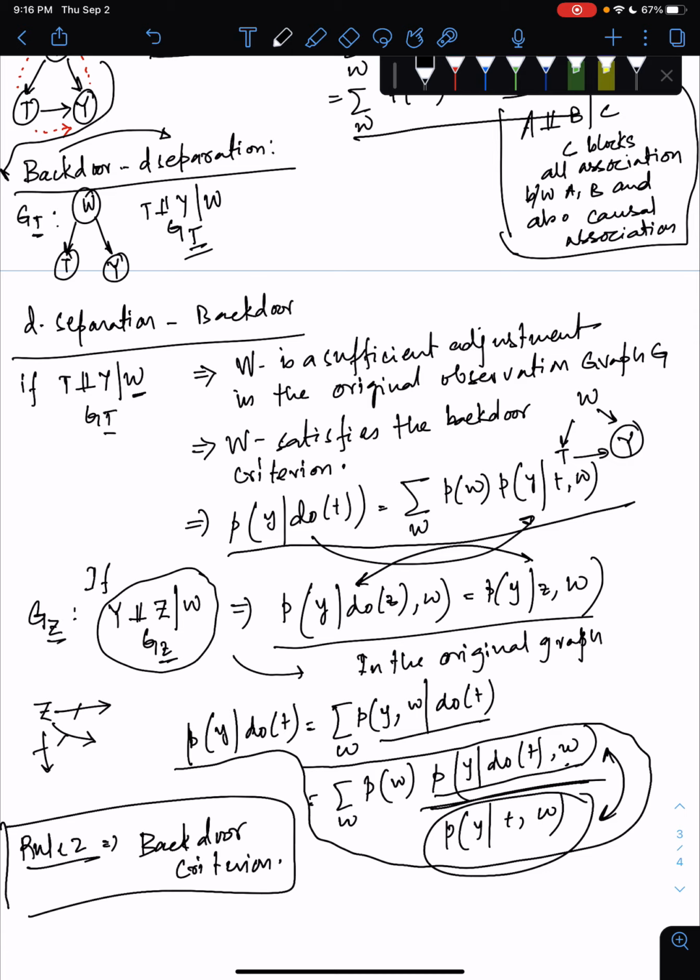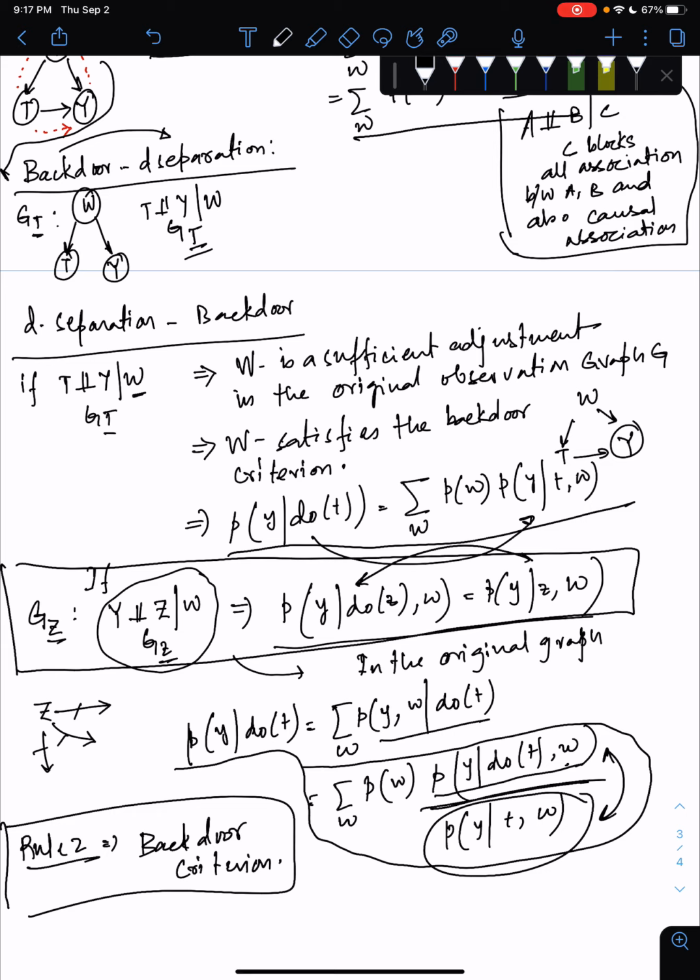We still have this do T after the conditioning bar, and this do T can directly be removed because W is the sufficient adjustment set. So we are in a graph where it is D-separated, and there we can apply the backdoor criterion to get this relationship. This is nothing but what is written in rule 2 of do-calculus.